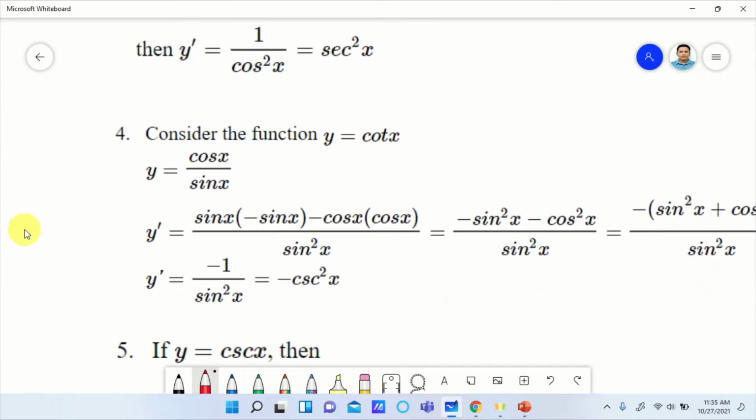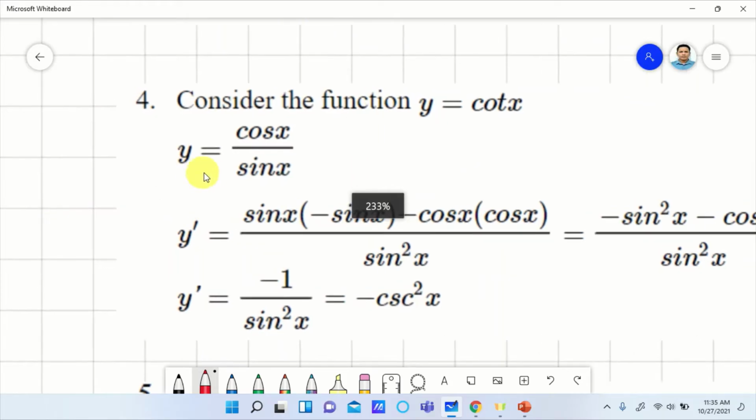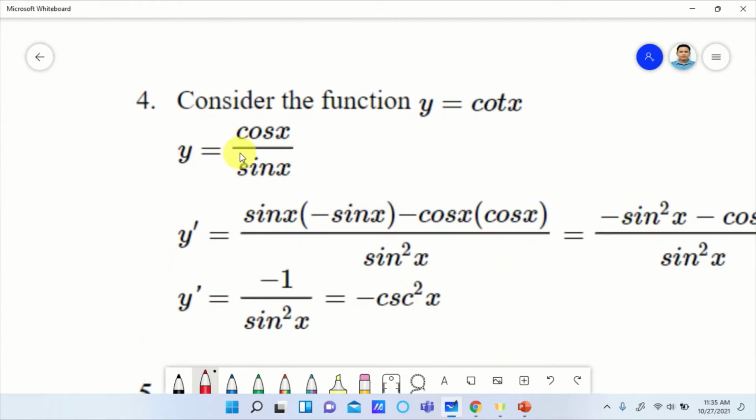Now let's look at the derivative of the function y equals cotangent x. You can express cotangent x in terms of sine and cosine. So cotangent x is equal to cosine x over sine x. And again, you need to apply the quotient rule.